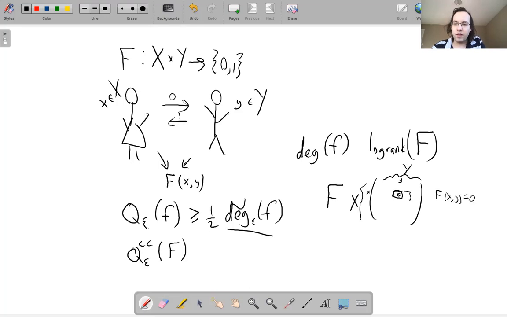So we will have cells that have 0 or 1 in them, and this matrix will define the communication function f. Communication functions correspond to these matrices.